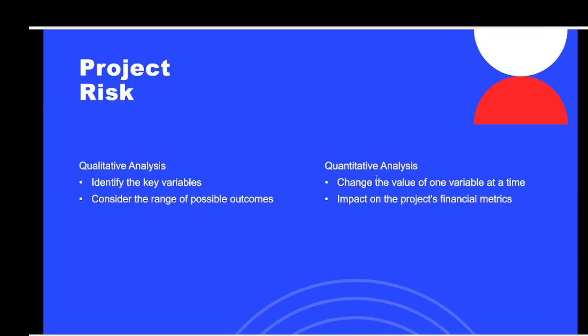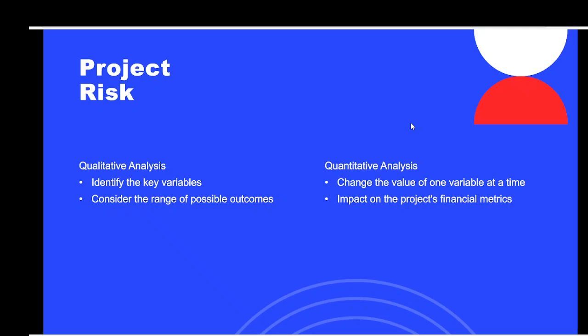So when looking at it through the qualitative and quantitative points, we look at qualitative for identifying the key variables which are most likely to impact the project's profitability, such as sales volume, costs, discount rates, etc. We also consider a range of possible outcomes for each variable, which could be optimistic, pessimistic, or most likely.